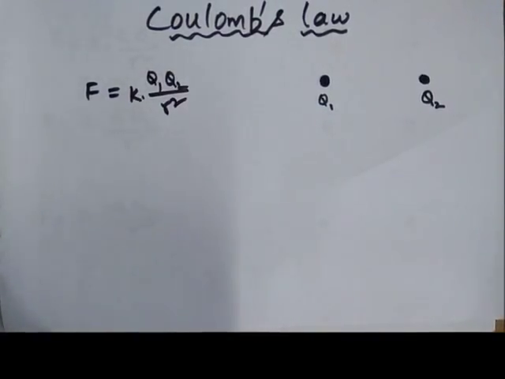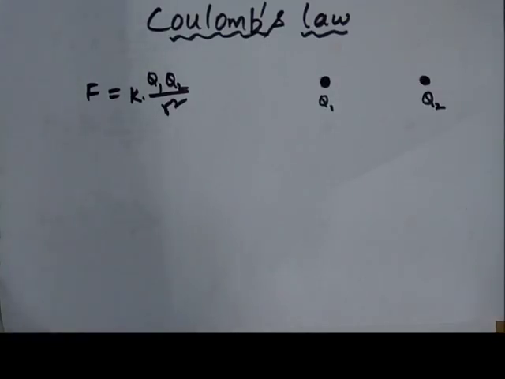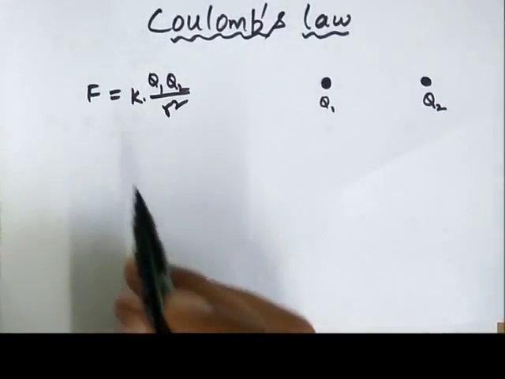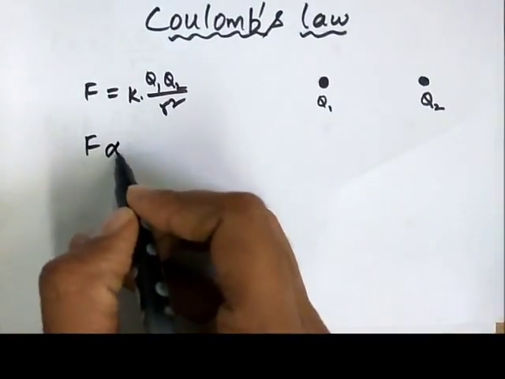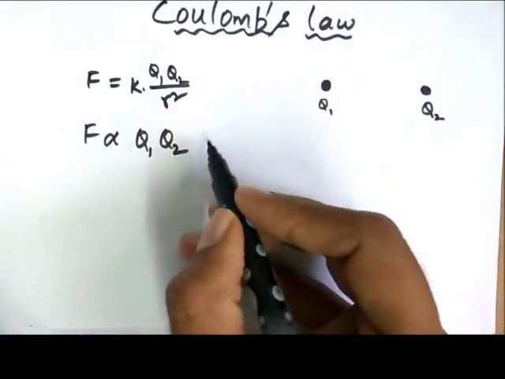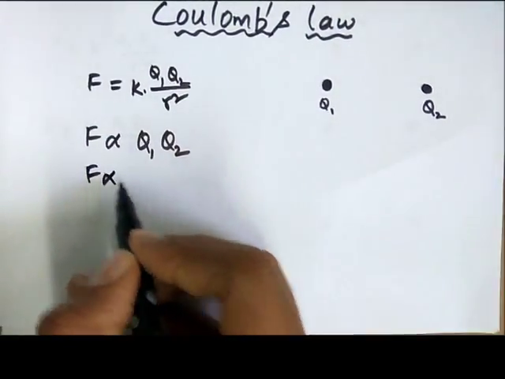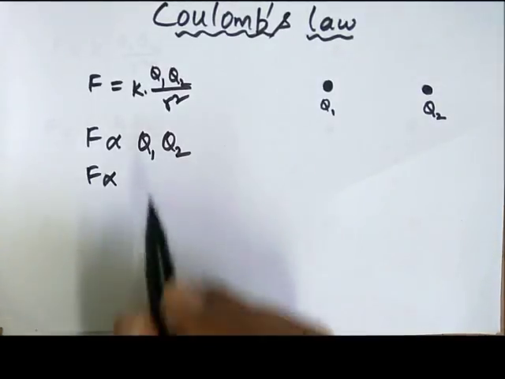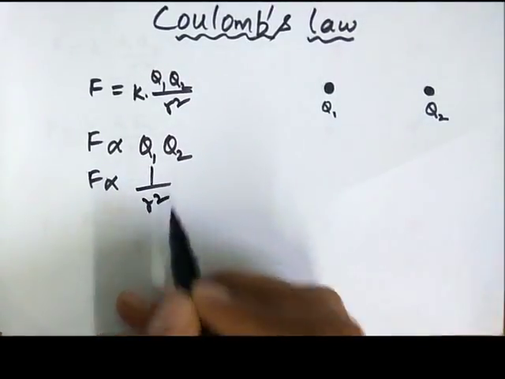But the actual law that was stated by him was something like this. Force is directly proportional to the multiplication of the charges, whereas the force between these two particles will be inversely proportional to the square of the distance between them.